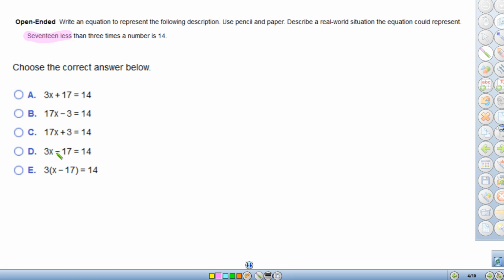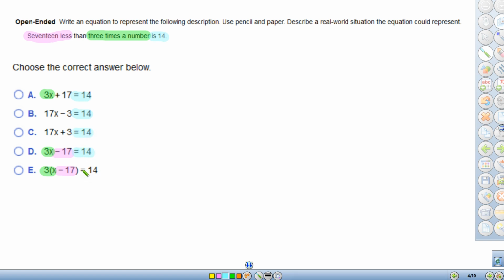The only one I see, or two that I see, are right here. Then it says 3 times a number, that would be 3 times x, so I see it here, and technically I see it here. Then I see is 14. So all of them show is 14, so that part's easy enough.